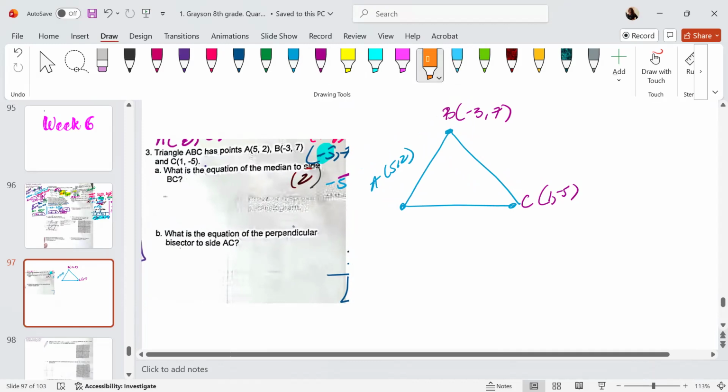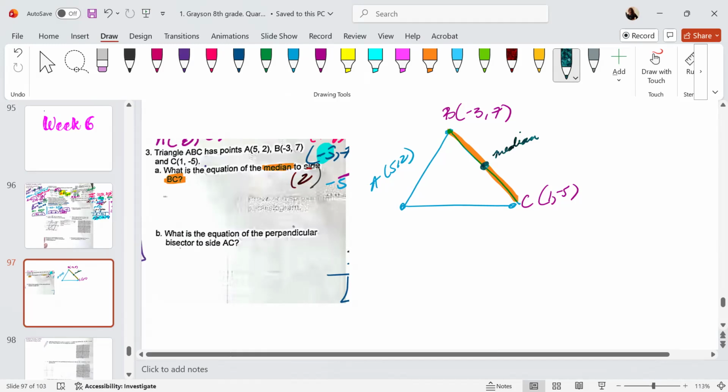When it's talking about the median, it means it's in the middle, right? And you're looking at BC. So here is BC. So essentially what it's asking for is this part right here. What is the equation of the median to side BC?